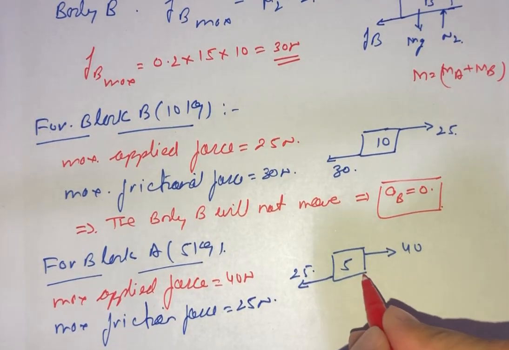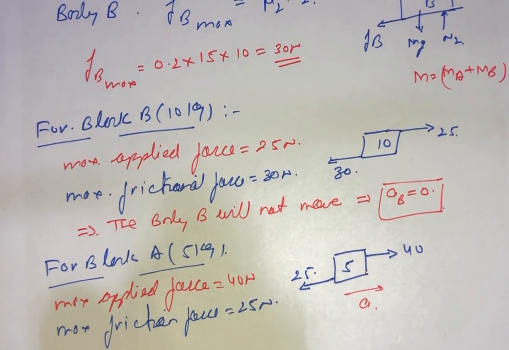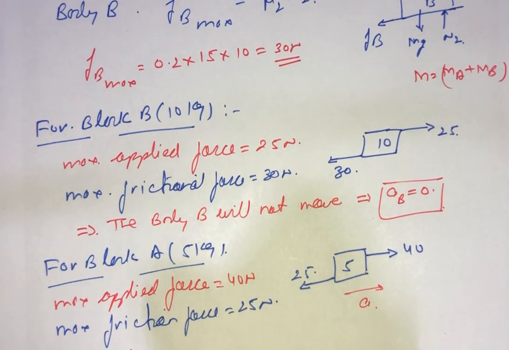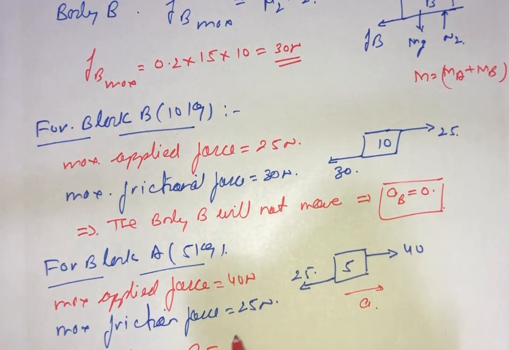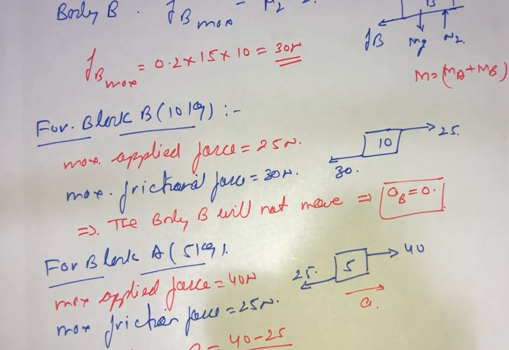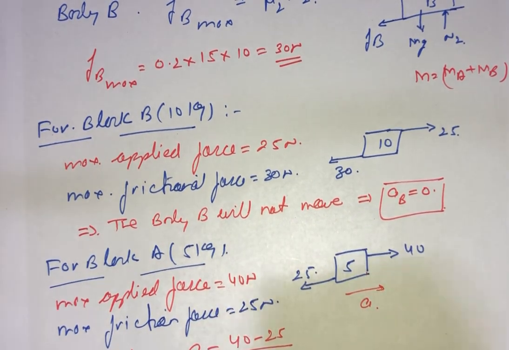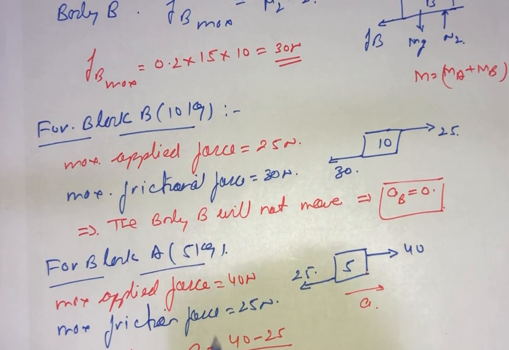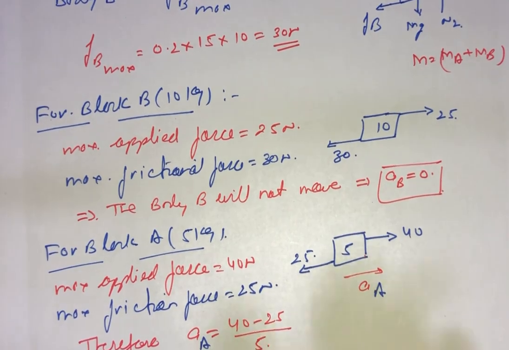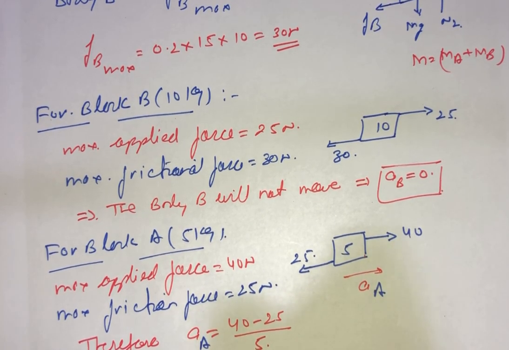So if it moves in this direction with the acceleration a, therefore acceleration a will be equal to 40 minus 25 divided by 5. So acceleration of A is equal to 3 meter per second square. So this completes the first part.